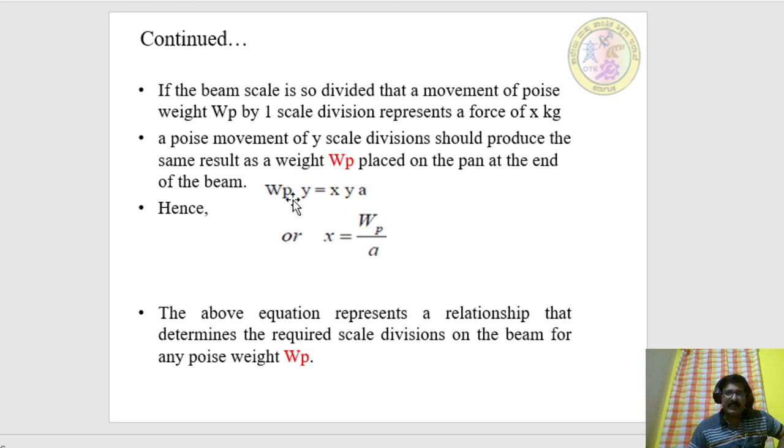Then WP into y is equal to x y a. I can cancel the y term on both sides, so x is equal to WP by a. This equation represents the relationship that determines the required scale division on the beam for any poise weight WP.